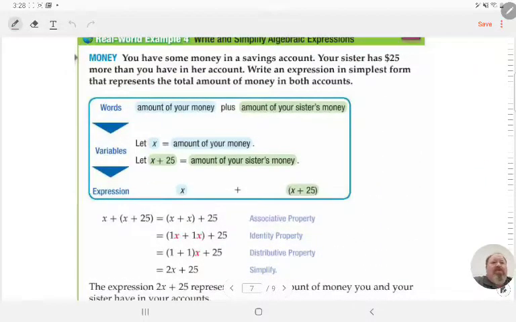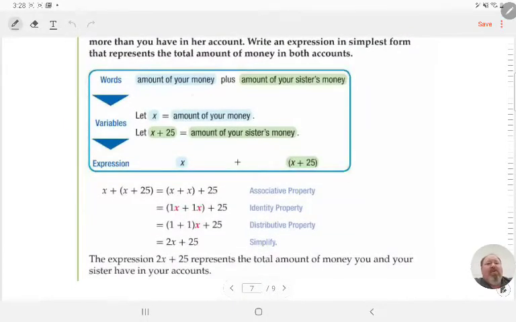So now we can look at a word problem. It says you have some money in a savings account. Your sister has $25 more than you have in her account. Write an expression in simplest form that represents the total amount of money in both accounts. Well, we know we have the amount of my money and we have the amount of your sister's money. We can let X be the amount of your money, and we can let X plus 25, since she has 25 more, be the sister's money.